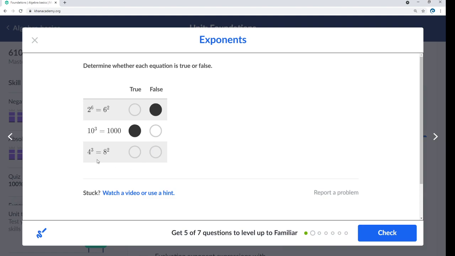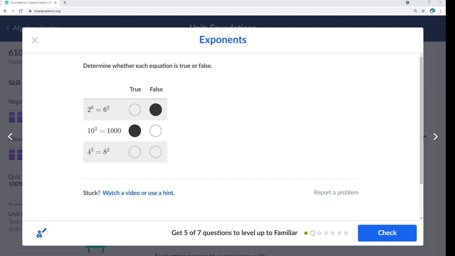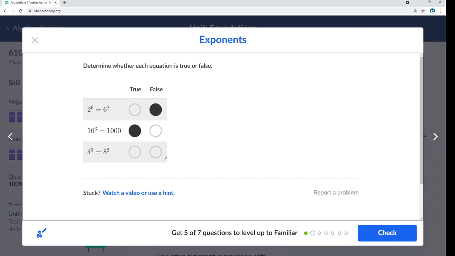So 4 times 4 is 16. And then 16 times 4 is, oh, there's some trick multiplying that I don't remember. I don't think that this is equivalent, because 8 times 8 is, I don't think so.